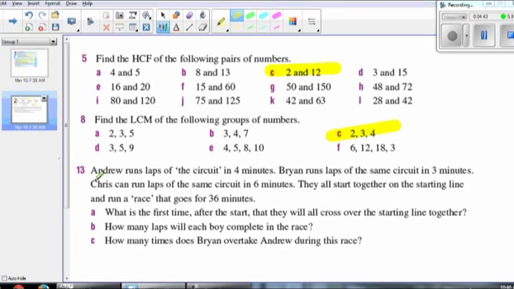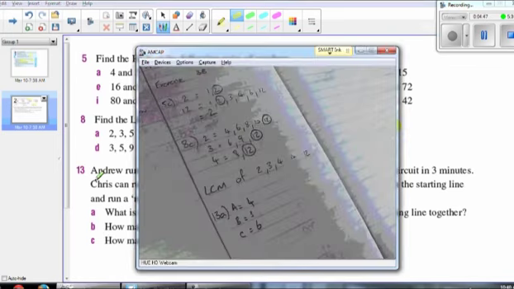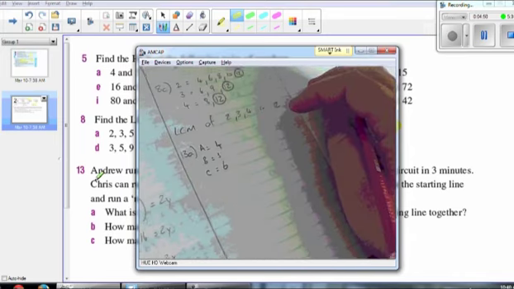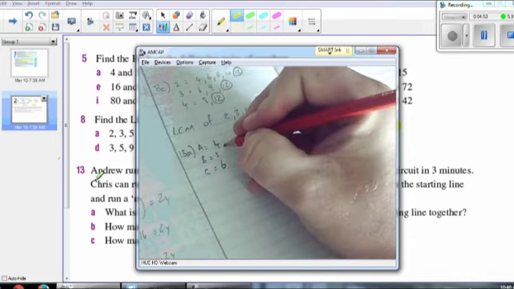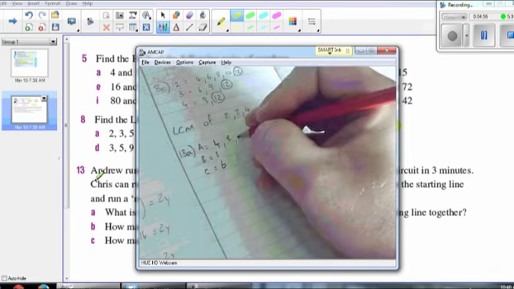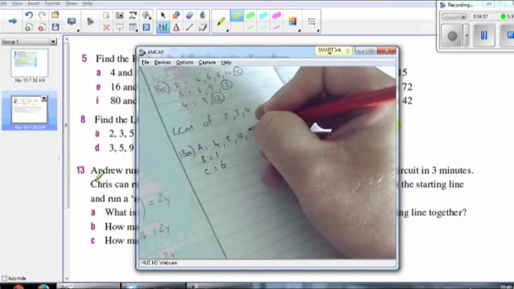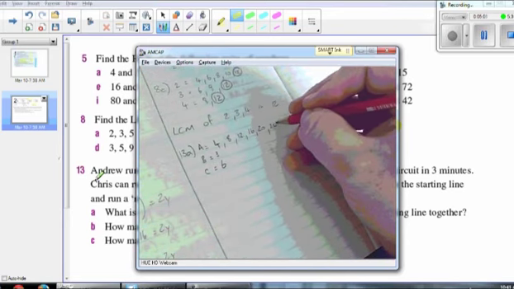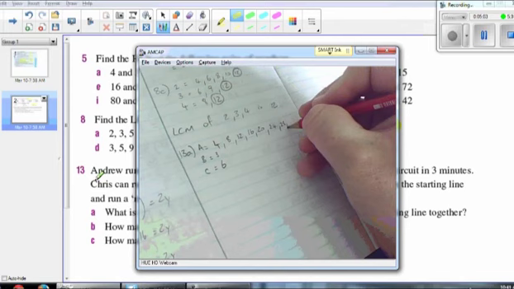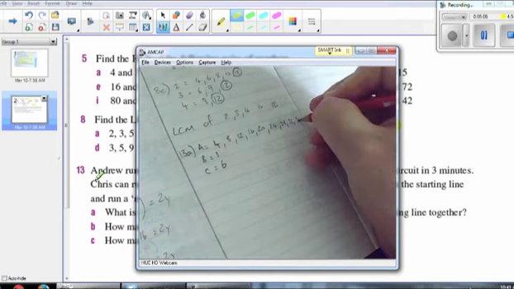And Chris does it in 6 minutes. So there are our numbers there. Let's just start listing multiples. So 8, 12, 16, 20, 24, 28, 32, 36.